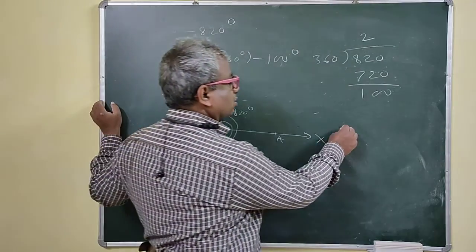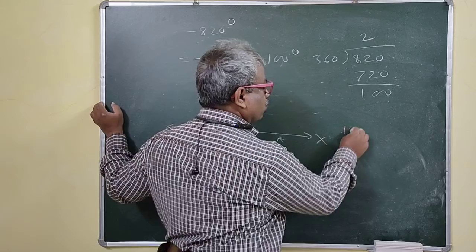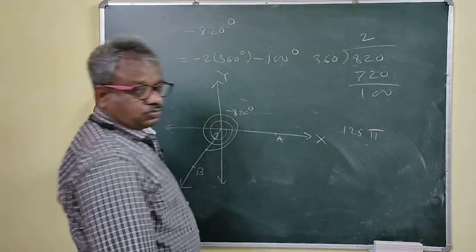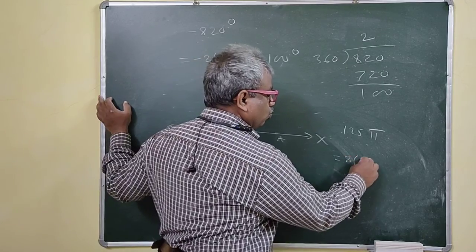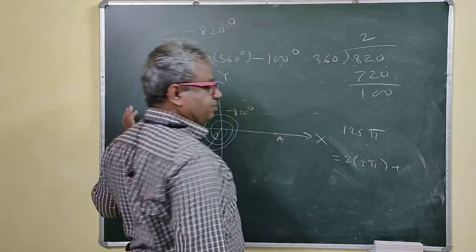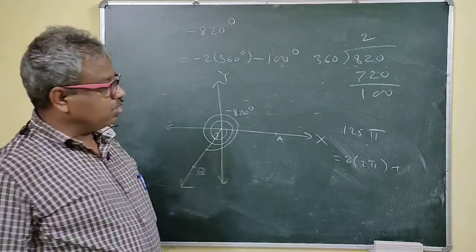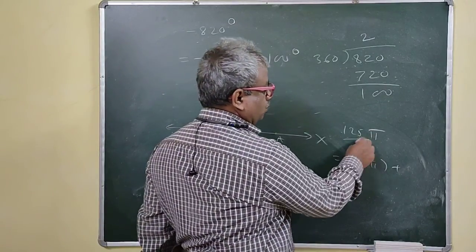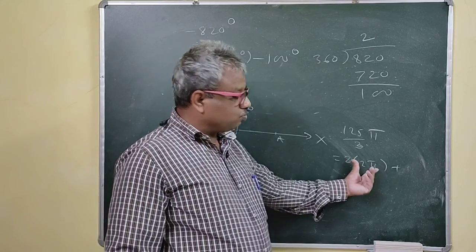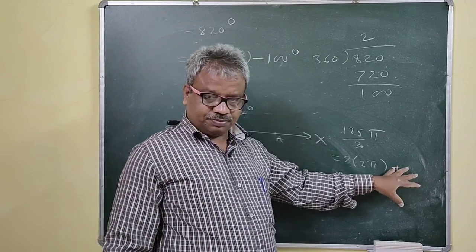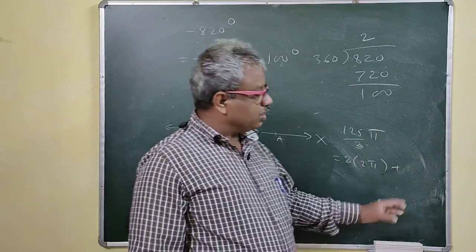Suppose we are given 125 pi upon 3. How can we write this in terms of 2 pi plus something? So you have to write this as a coefficient into 2 pi plus a remainder.